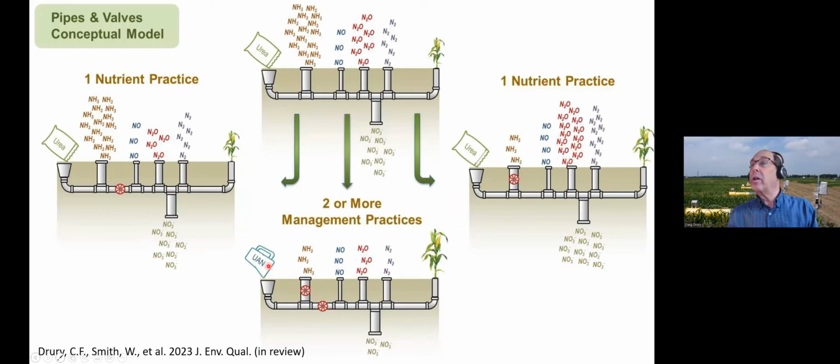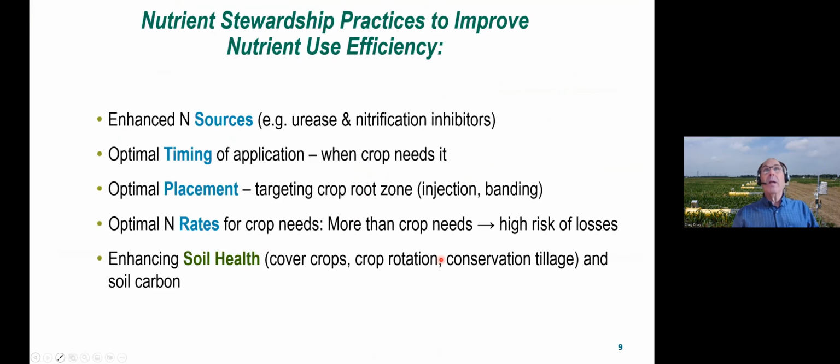So in this example, it could be injecting UAN instead of broadcasting urea. It could be adding inhibitors. It could be conservation tillage, cover crops, and so forth. But by stacking practices, in a lot of the ways where you stack chemicals with herbicides, we can achieve greater reduction of losses, and we have a taller growing, higher yielding crop.